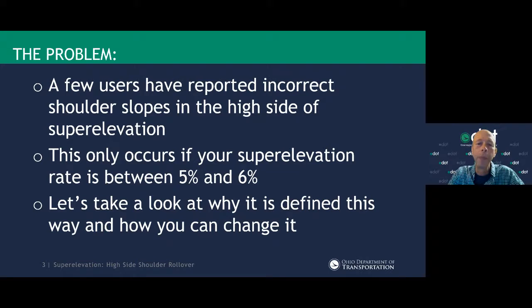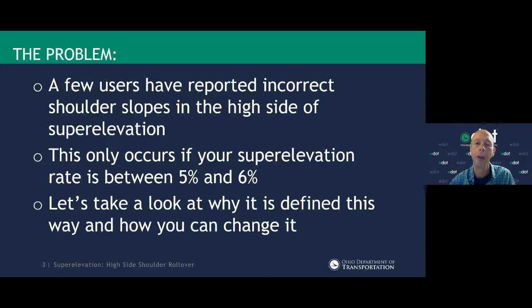So the problem that we've run into, we've had a few users report incorrect shoulder slopes on the high side of super elevation. And this only occurs if your maximum super elevation rate is between 5% and 6%. I guess it's really a problem too if it's greater than 6%. It's the transition area between 5 and 6.